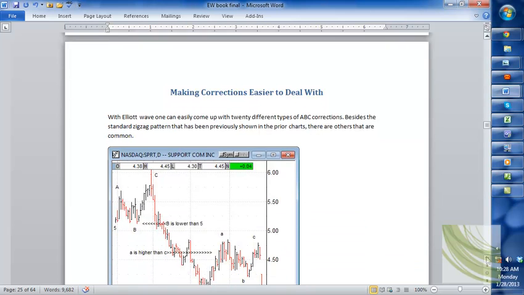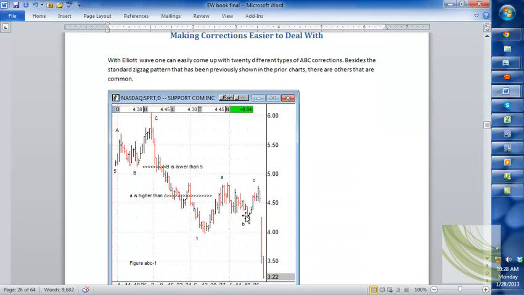So what's an ABC? Well, an ABC that I'm looking for is considered a zigzag, a standard garden variety zigzag. Typically in a garden variety zigzag, the C is higher than the A if you're looking at a high, and the B is not lower than, or not beyond, the previous 5.